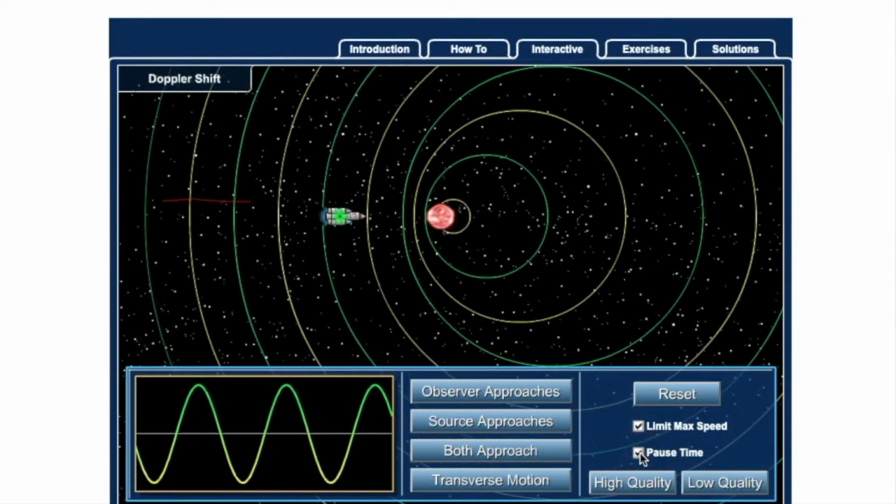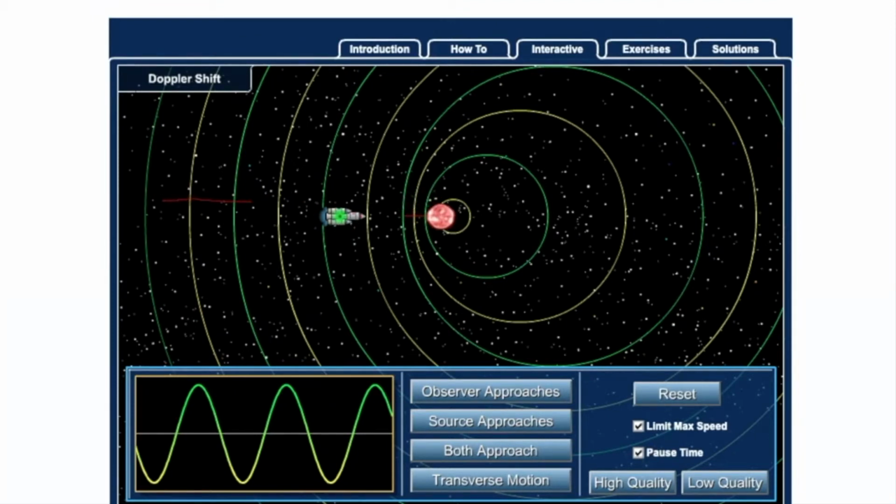So notice now, because this thing is moving toward the observer, we see a different distance between the peaks of the wave. Notice this line that I just drew between the two peaks is significantly shorter than this line.